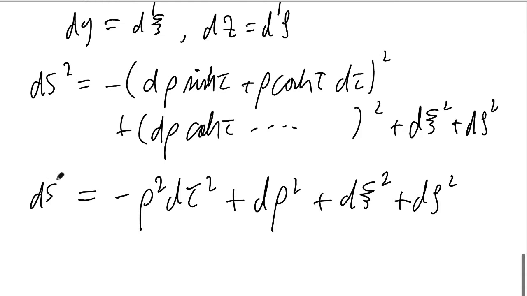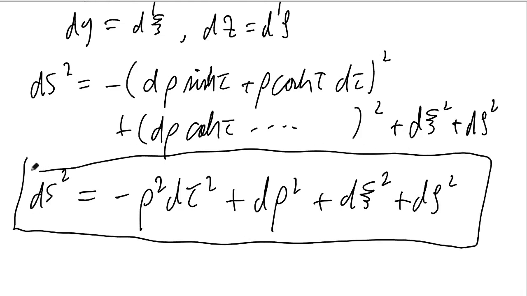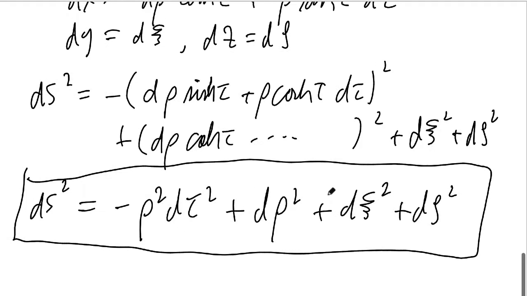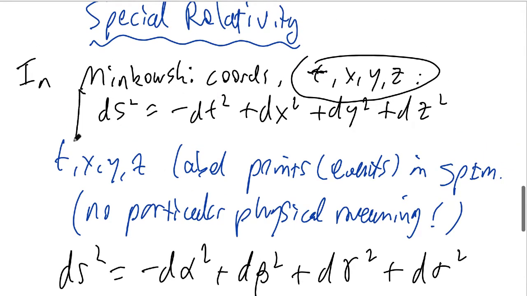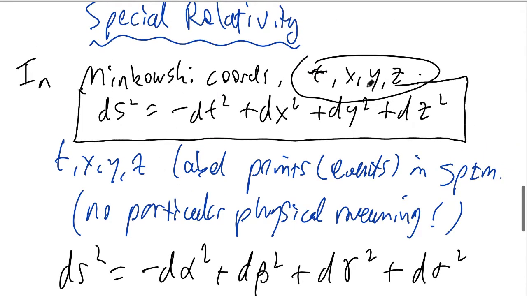So this is the line element for flat space-time, the space-time of special relativity, but in Rindler coordinates. It describes the same geometry as the line element for flat space-time in Minkowski coordinates.